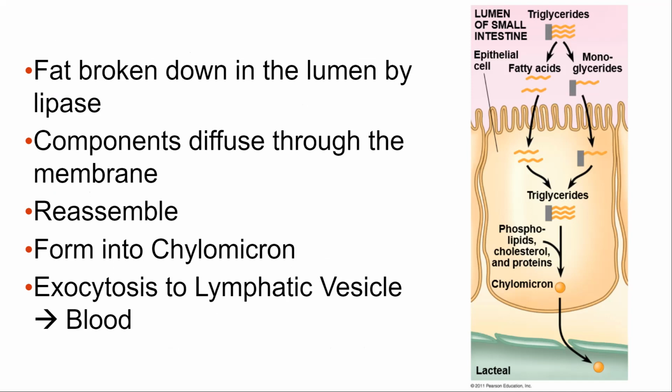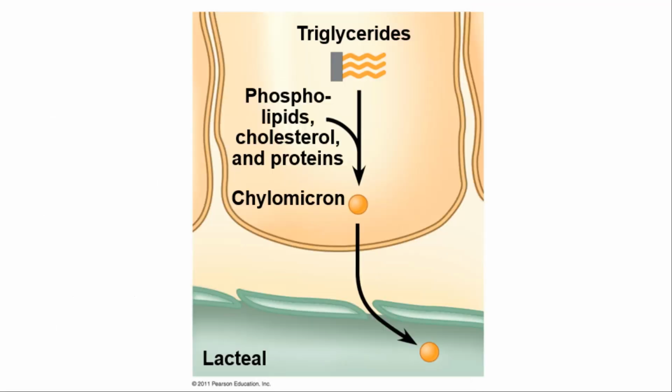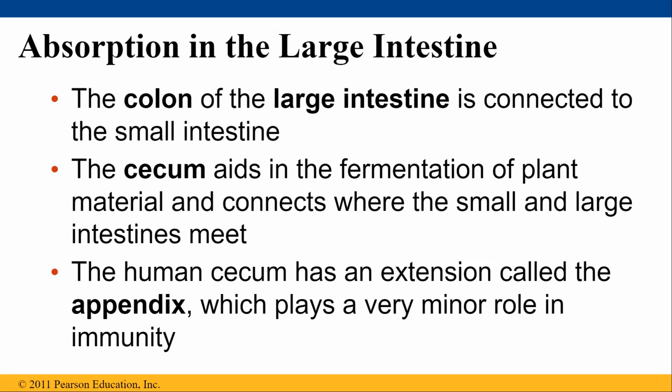They will reassemble, where they're then encased in these little clusters that can then go into our bloodstream and circulate throughout our body. But again, the lining of the small intestines has those microvilli that help to get those molecules into the cells and then into the bloodstream and then to wherever they need to go.